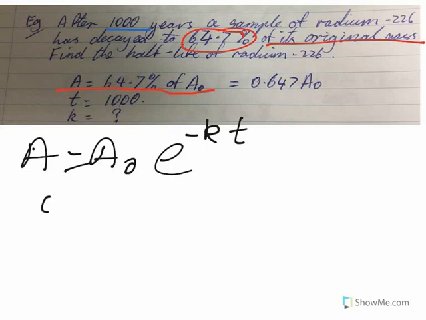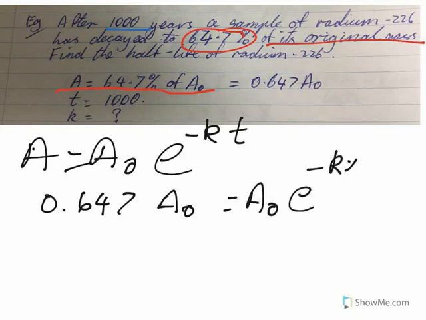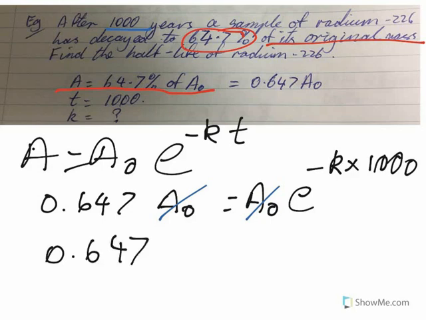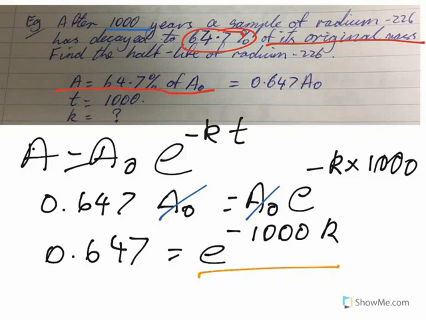So let's put in some stuff. 0.647 A0 equals A0 e to the negative k times 1,000. Oops, extra zero there. Of course, the A0s will cancel. So as I said, we don't need to worry about them. So we get 0.647 equals e to the negative 1,000k. Now, we need to find the k, so we need to get rid of that.